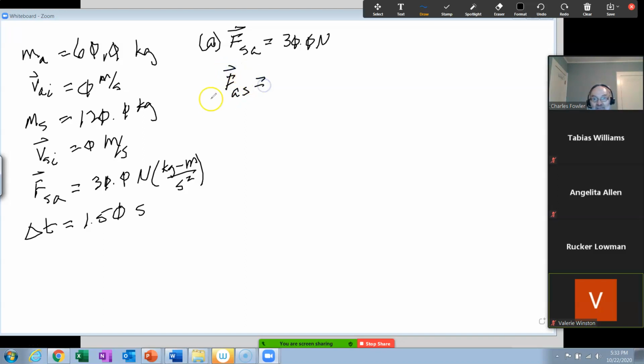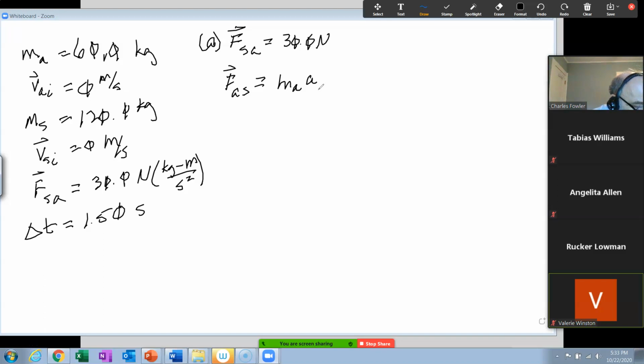Okay, now that's going to be the mass of the... I think we're going to have to do something here too. This will be the mass of the astronaut times the acceleration of the astronaut. Okay, I think that's what they're asking for, isn't it?